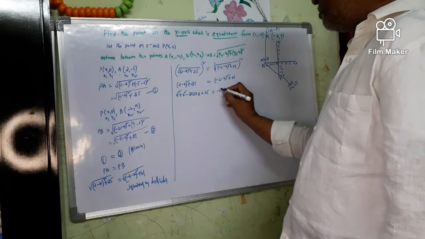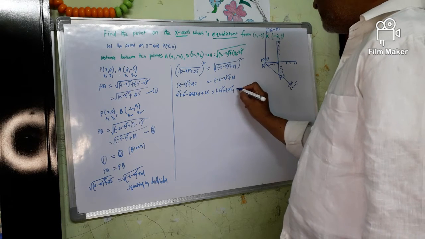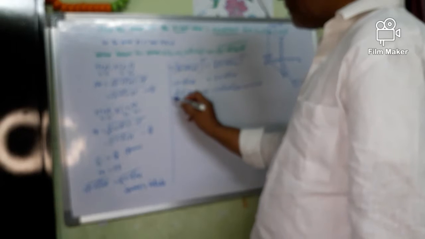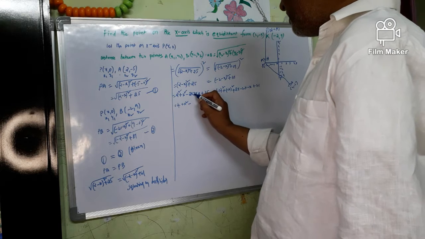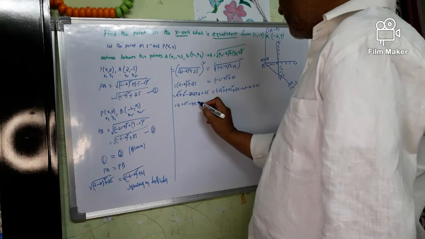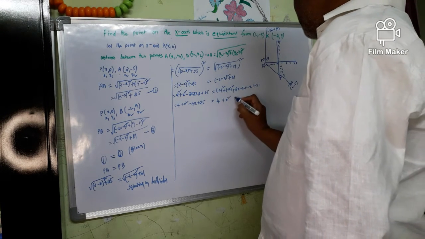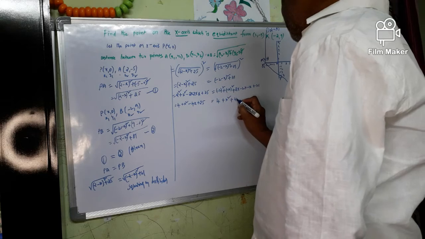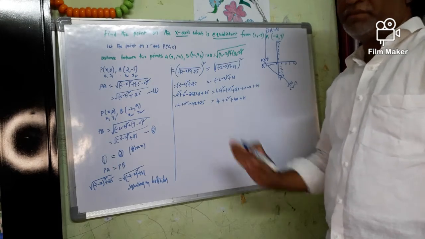On the other side, 2 square is 4, plus x square, plus 2 into 2 into x, which is 4x, plus 81. Simplify. On both sides the same value with the same sign, so cancel.